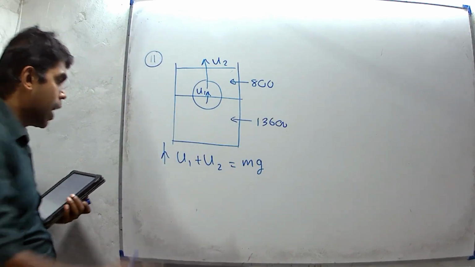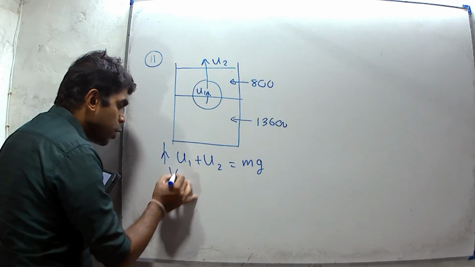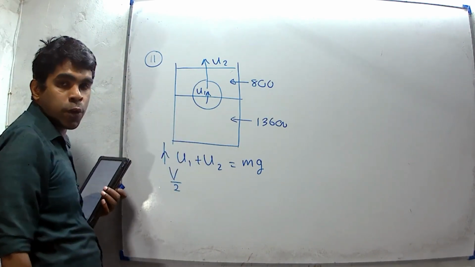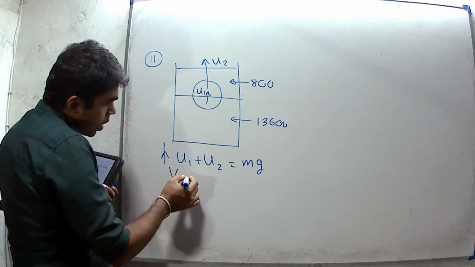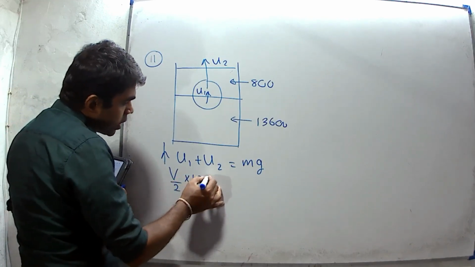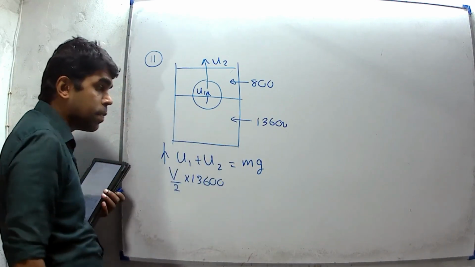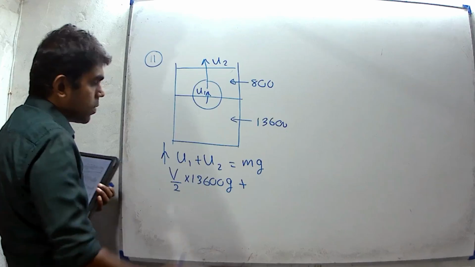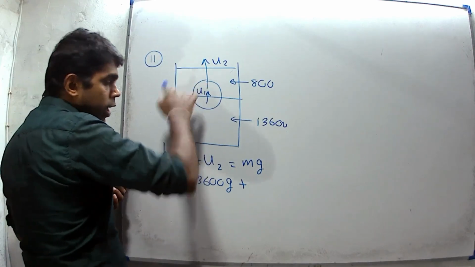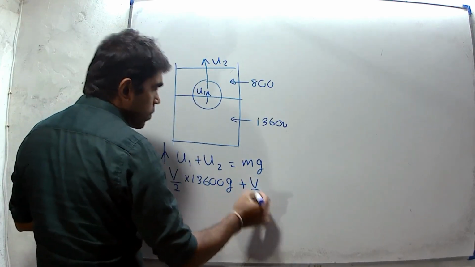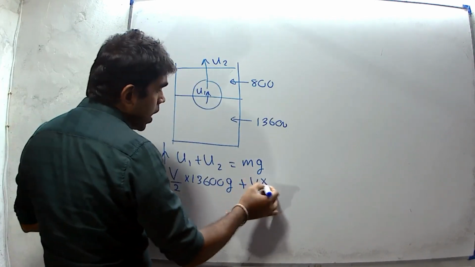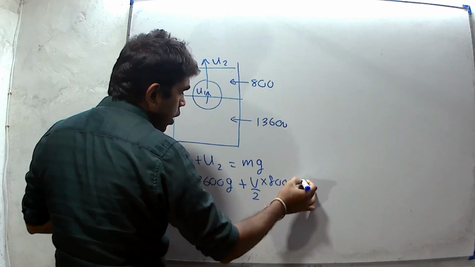We can write U1 as immersed volume V over 2 in mercury, half of the total volume, times the density of liquid 13,600 when considering mercury, g, plus immersed volume in the oil V over 2. We have to consider only this part of the volume. Density 800, g.